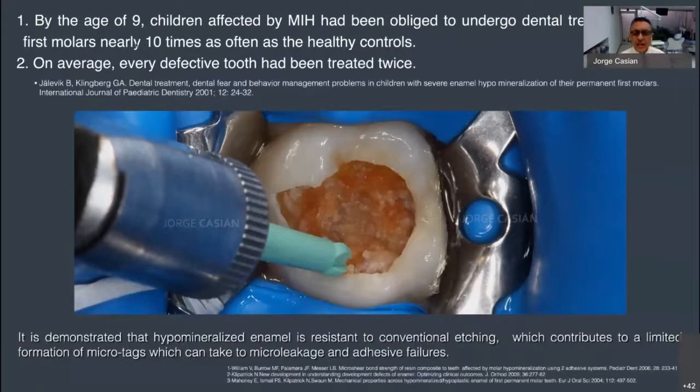This is interesting. By the age of 9, children with MIH needed to visit a dentist 10 times more frequently than the control group. And each affected tooth needed to be restored at least 2 times.